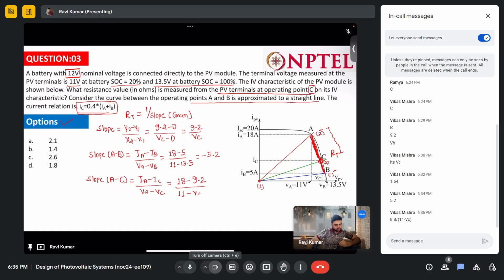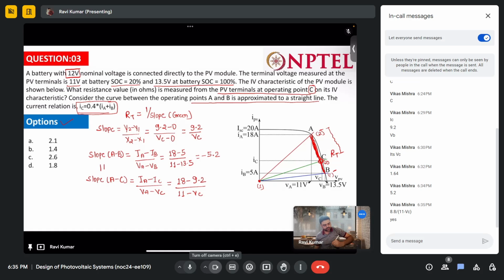Okay, right. Now let me know one thing. If this is the straight line from A to B, then the slope of AB will be equal to the slope of AC. Yes or no? These both slopes will be equal. And if slopes are equal, then it will be equal to minus 5.2.